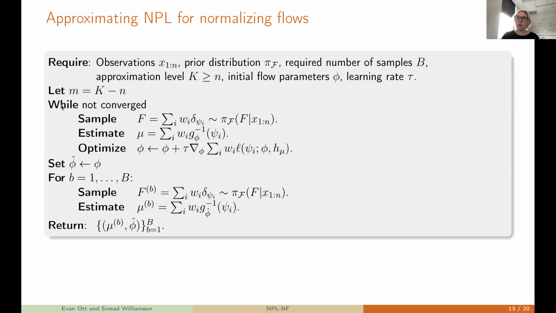I'm then going to train my normalizing flow, which is parameterized by phi, by repeatedly sampling weighted data sets from pi sub f, getting the maximum likelihood base distribution for that specific sample, and then taking a step to optimize my normalizing flow. Right, and I'm going to keep doing this, but with a different sample each time.